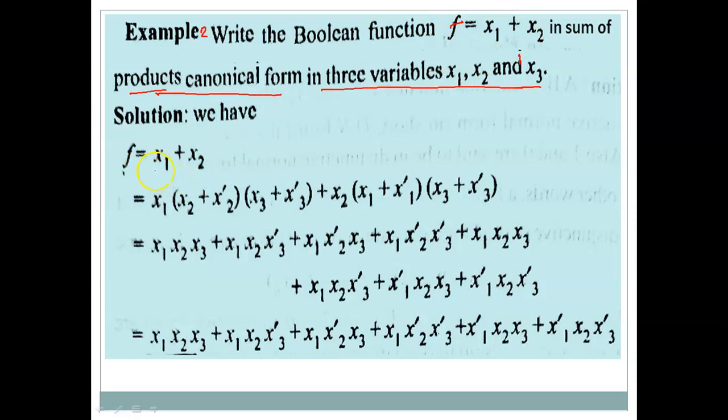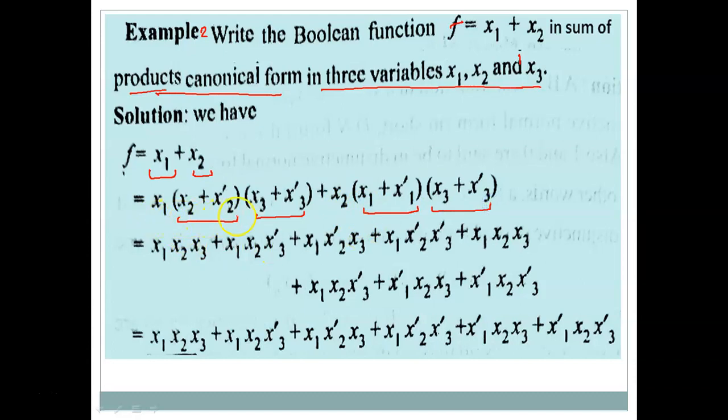F is there. At the first step, x2 and x3 are missing, so you are writing x2 plus x2 complement, and here again x3 plus x3 complement. Now at this step the other two variables have been introduced. Similarly at the second step, x2 is there but x1 and x3 are missing, so you are writing like this.